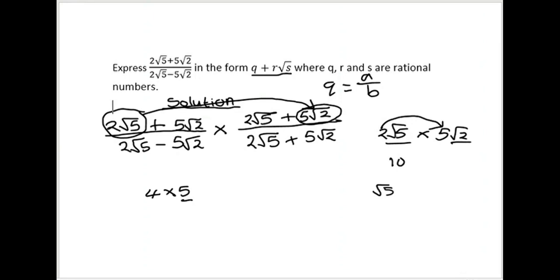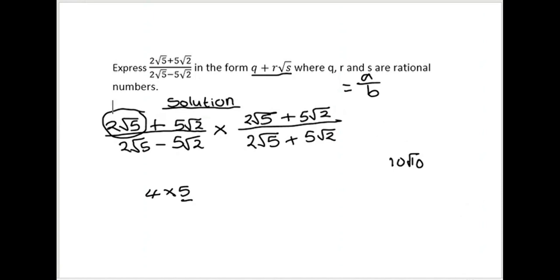Root 5 times root 2 is going to be 5 times 2, and that's 10. Now root 10 is an irrational number, so I'll just write it here like that. Root 10. So I have, remember there is a plus in front, plus 10 root 10.